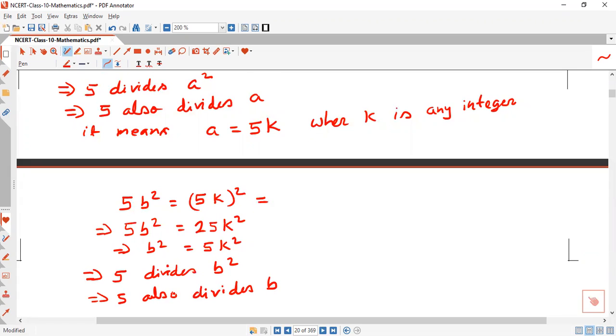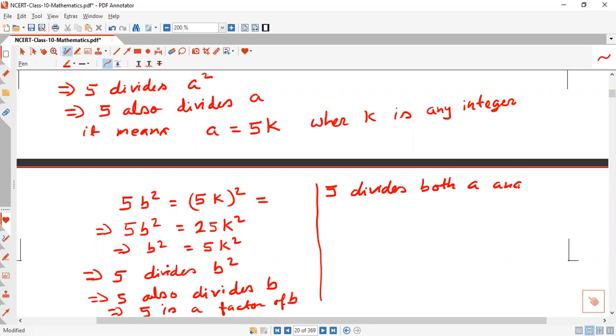So 5 is a prime factor of b. So here the thing is that 5 divides both a and b.